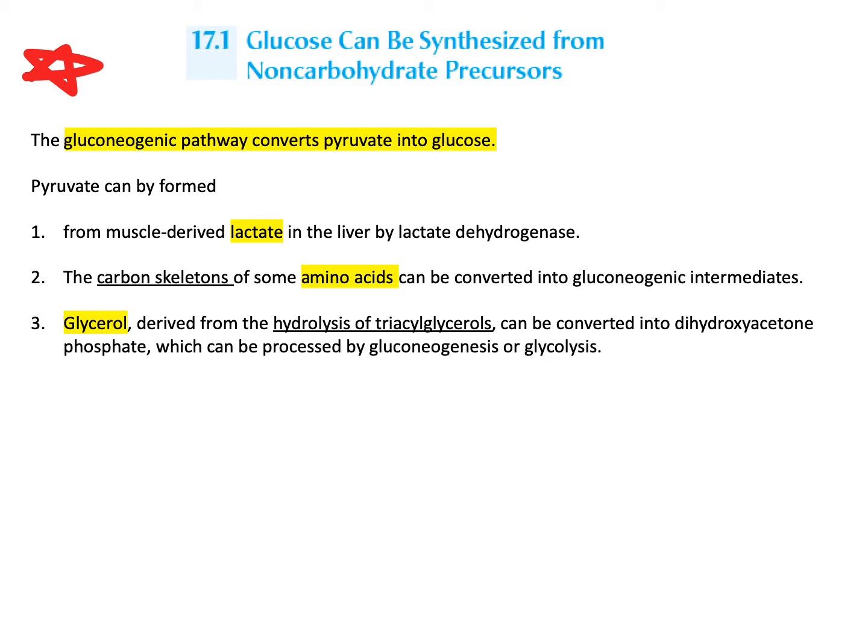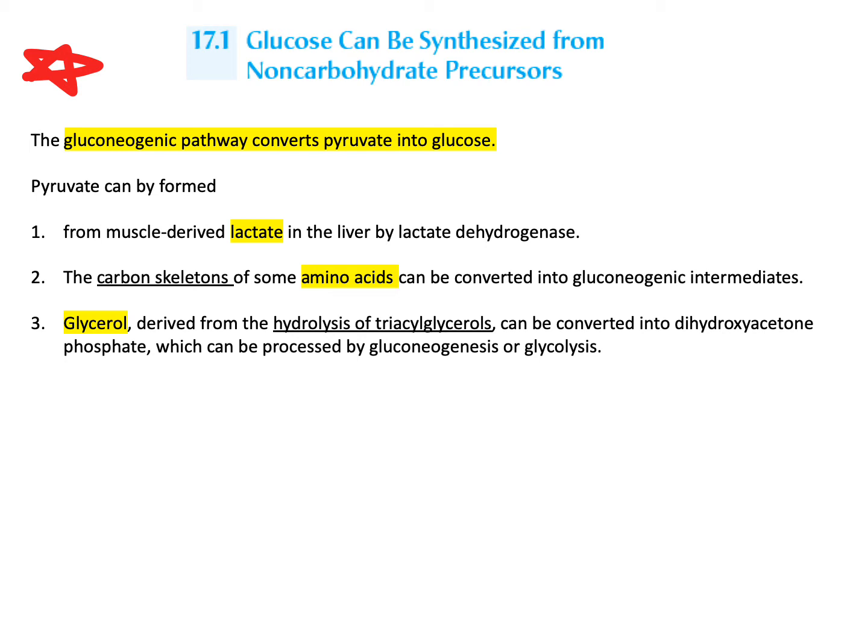That process can be reversed. Lactate can be converted back to pyruvate. And the other source is muscle protein. It's common sense that when you're starving, you lose muscle, like the people in concentration camps, they're really skinny.